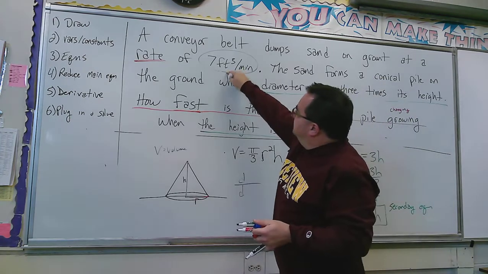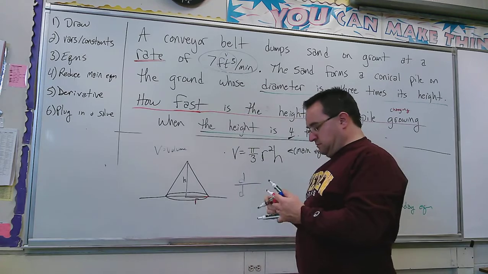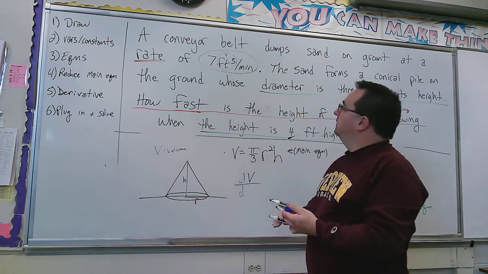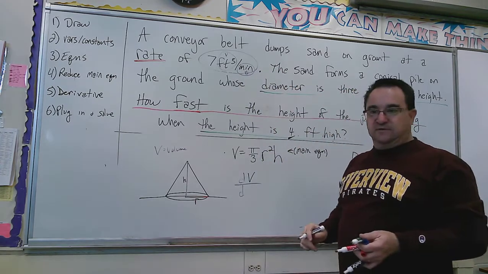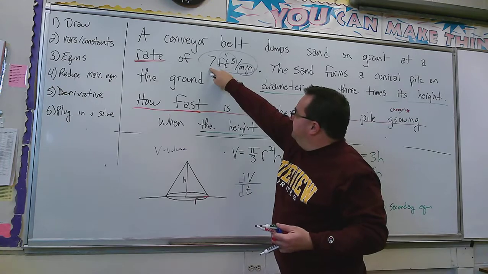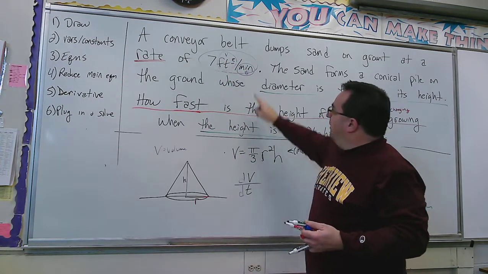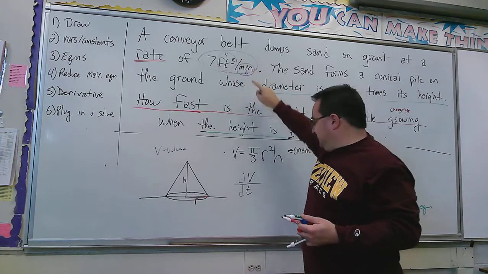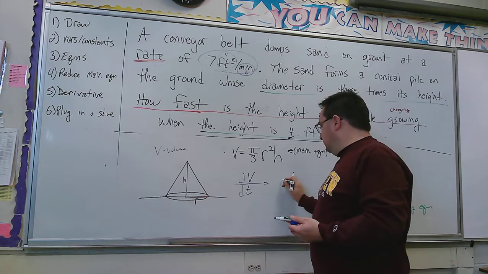Now look at these units. This is volume units over time units. See that? This is 7 cubic feet, that's volume, over minutes, time. So dV dt equals 7.